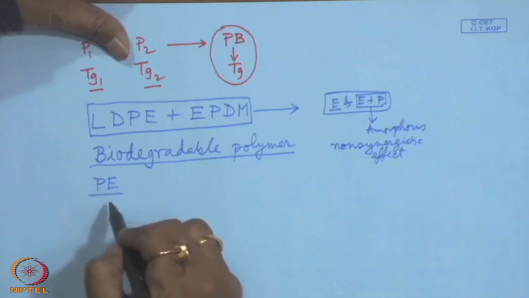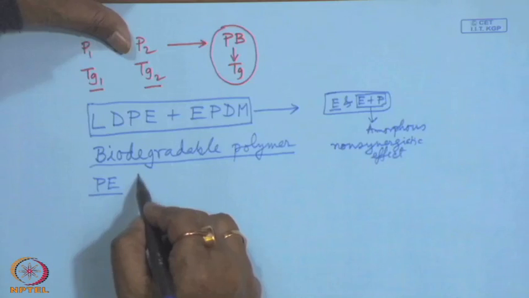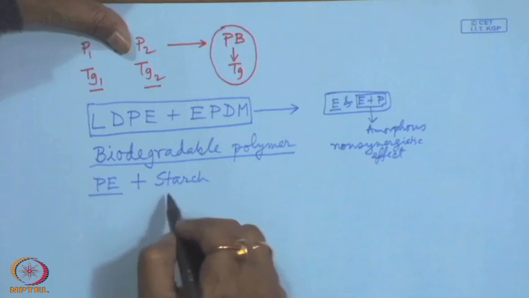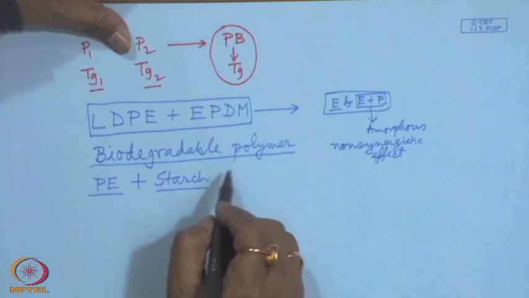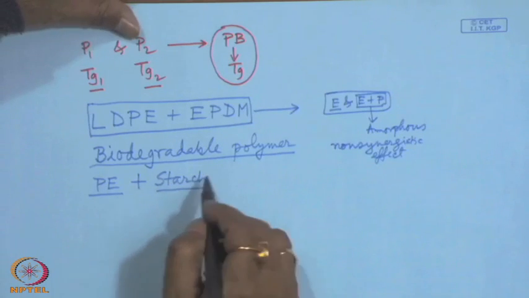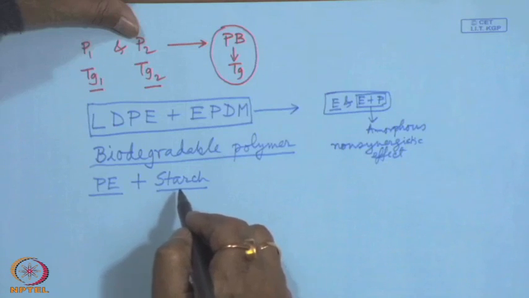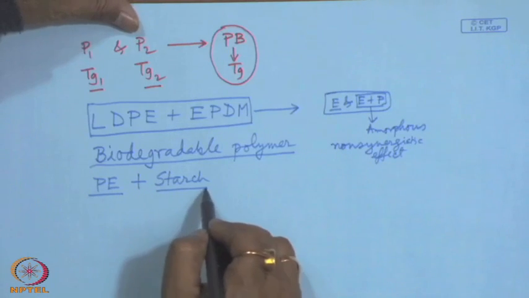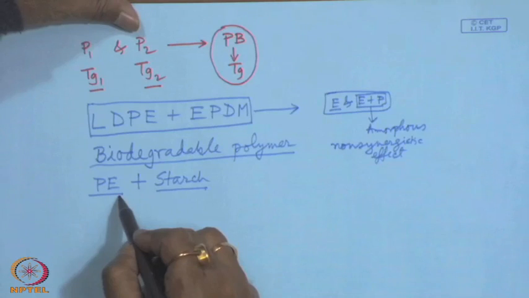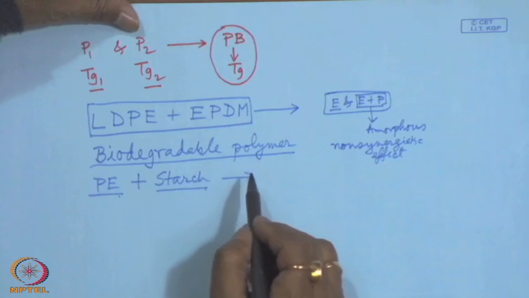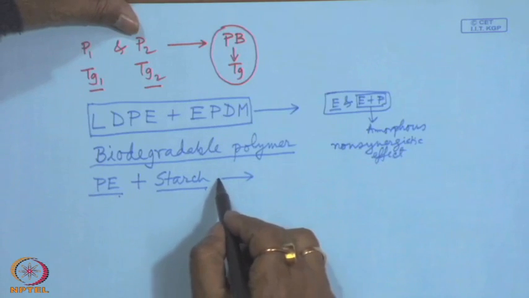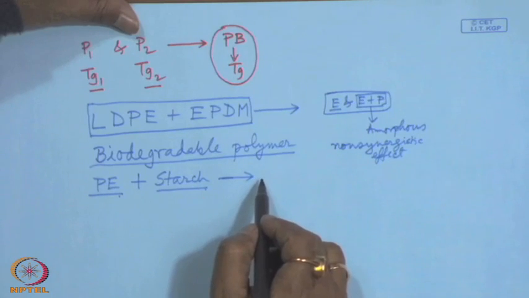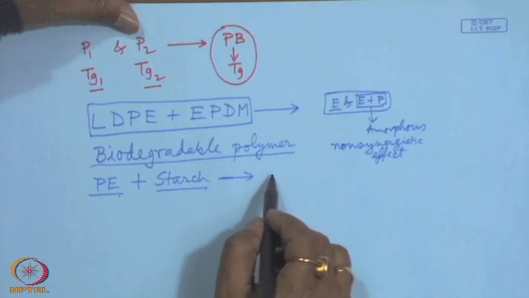In order to make this polyethylene biodegradable, people blended starch, a naturally occurring polysaccharide, with this polyethylene, but starch is a polar polymer and polyethylene is a non-polar polymer. The compatibility of these two polymers is almost negligible. These two components are immiscible, incompatible in the blend.